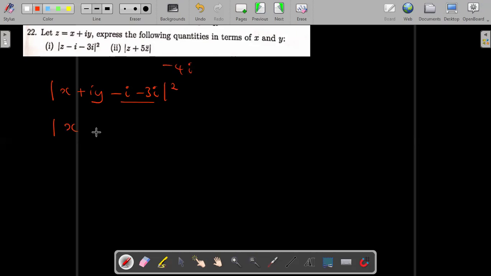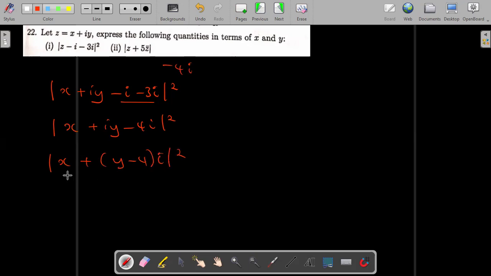So you have x plus iy minus 4i, then you're squaring this. Then of course you can factor out that i, then you see that you remain with x plus y minus 4, then i here like this, then you're squaring.